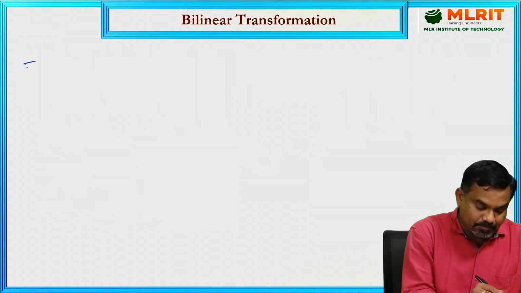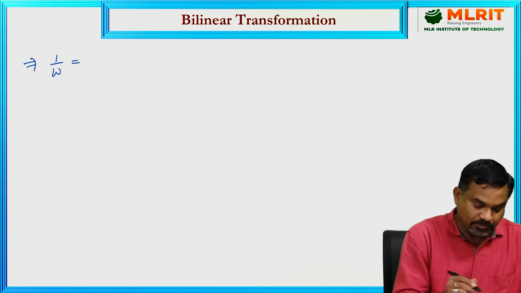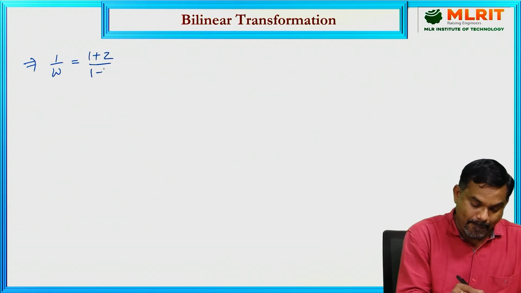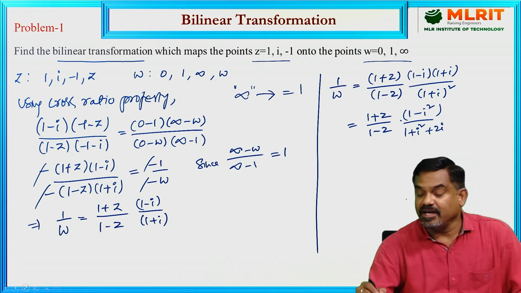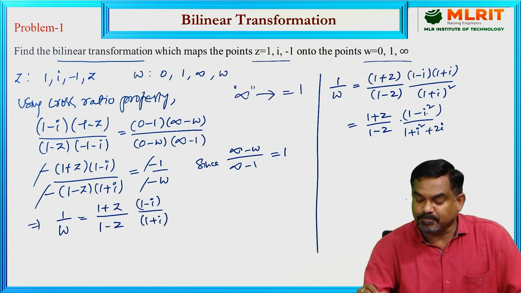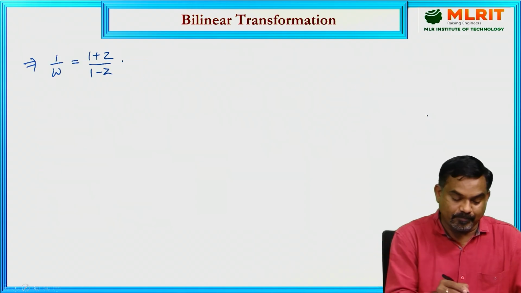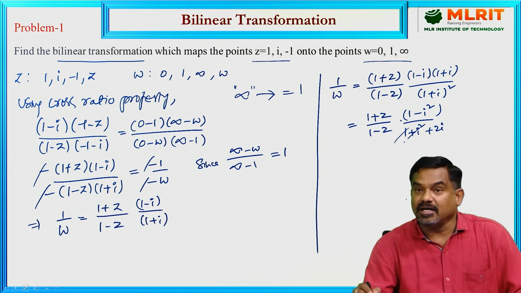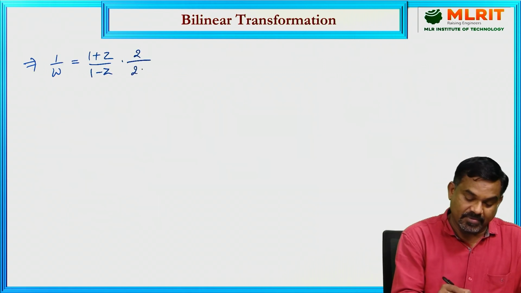Here i square is minus 1, so 1 plus 1 is 2, divided by 1 minus 1 plus 2i, so the 1 and minus 1 cancel and 2i remains.